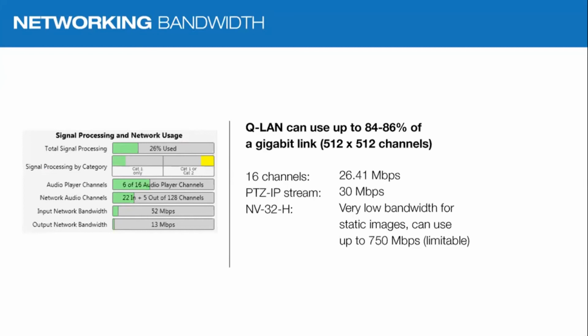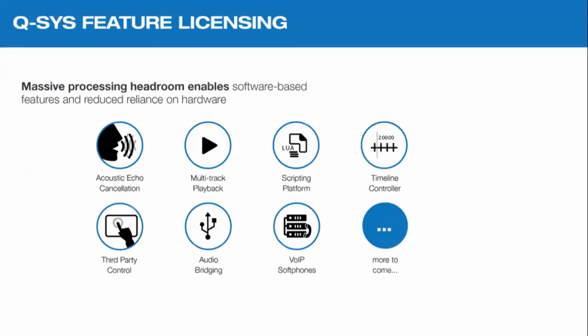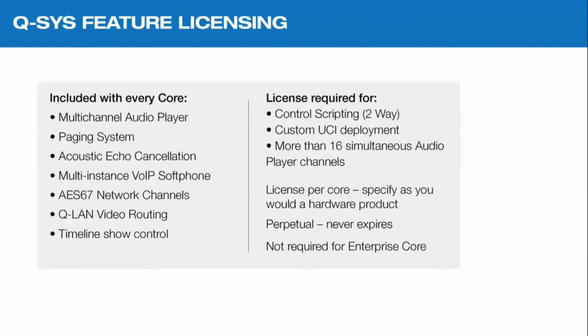So we spoke already about the feature licensing, but yeah, there's just another overview there. The licensing is perpetual. As I mentioned, we have the 4 perpetual licenses now: control scripting, UCI, Dante, and then simultaneous audio. But the paging, AEC, all the network stuff, all the show control stuff is all included already.